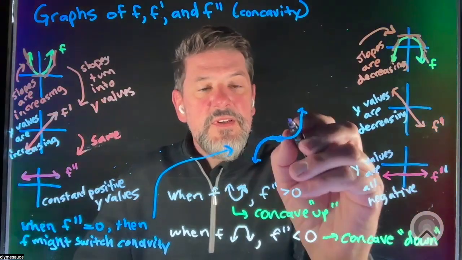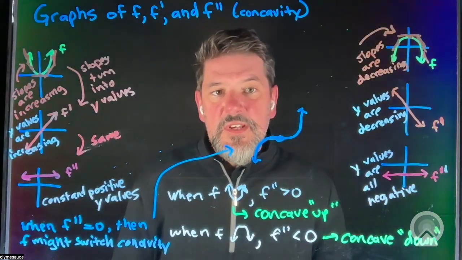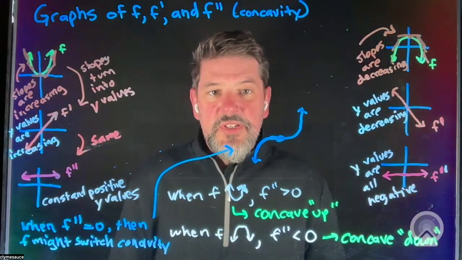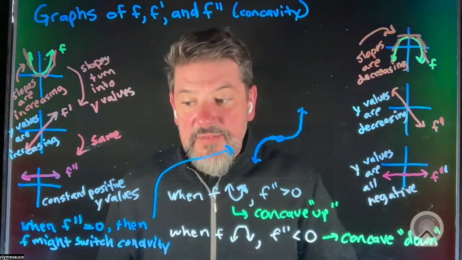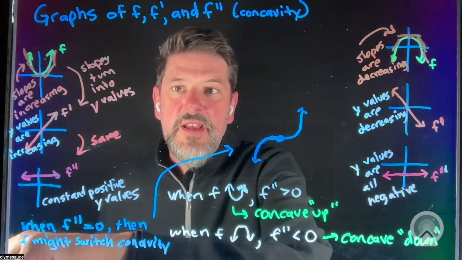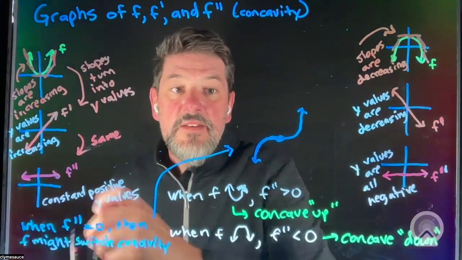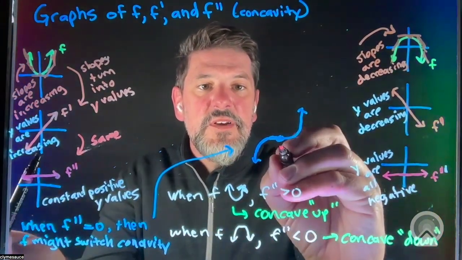And on this one, the slopes are constantly increasing. So that would be a switch in concavity. And if that happens, we have a name for that. We call that an inflection point.